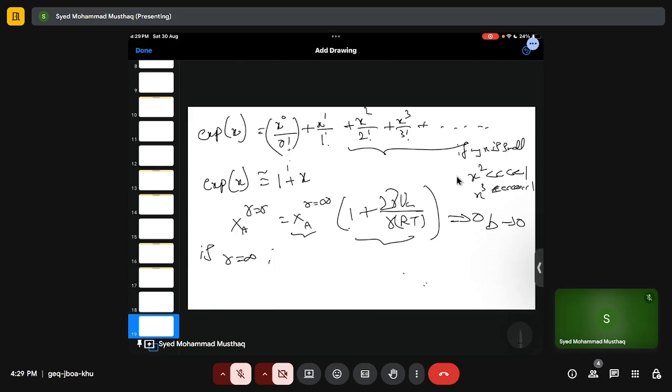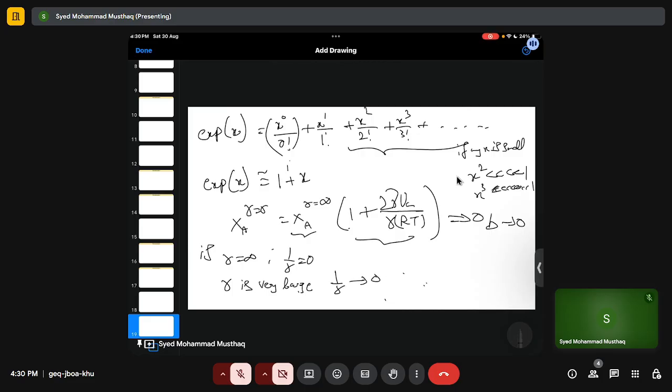Then 1 by R equals 0, right? And if R is very large, just like we have water particles of mm to centimeters, 0.5 mm, 1 mm particle, then my R is very large. My 1 by R tends to 0.